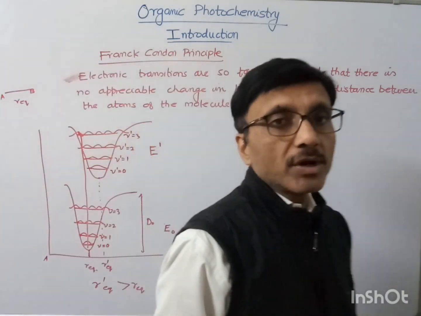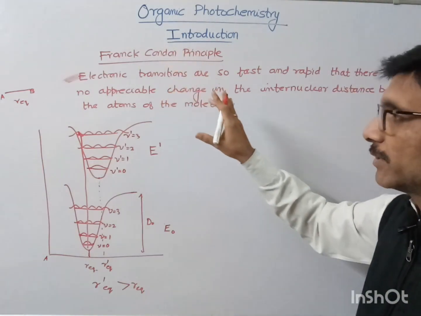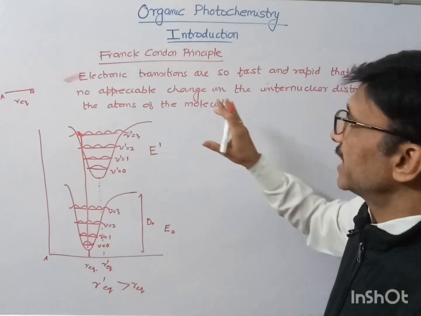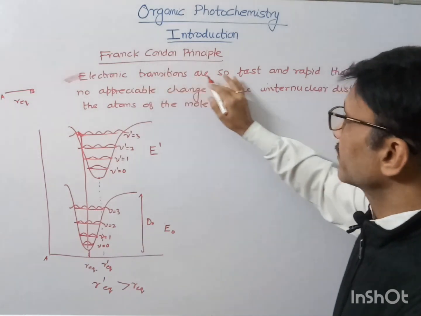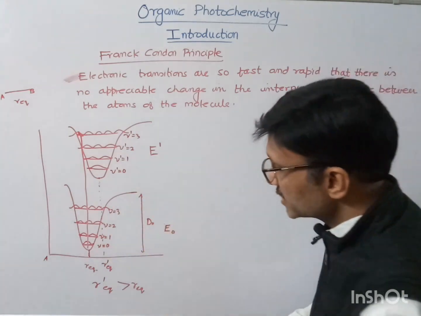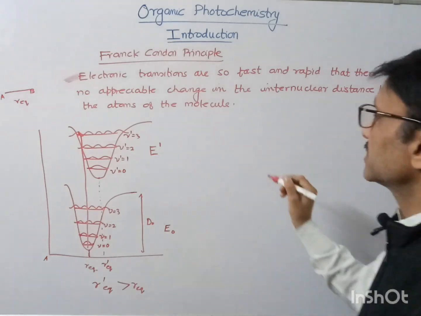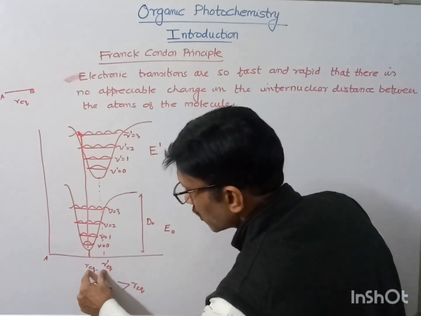But according to the Franck-Condon principle, electronic transitions are so fast and rapid that there is no change in the internuclear distance. That means this internuclear distance will not change.